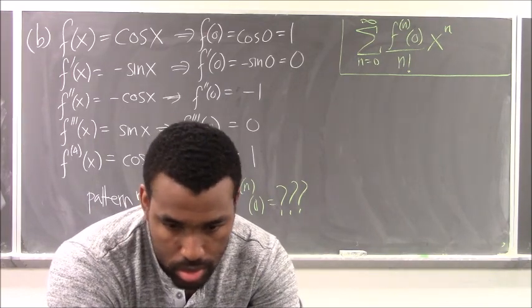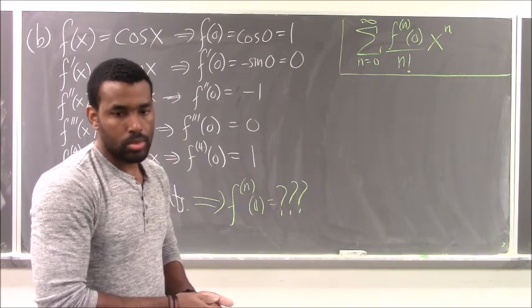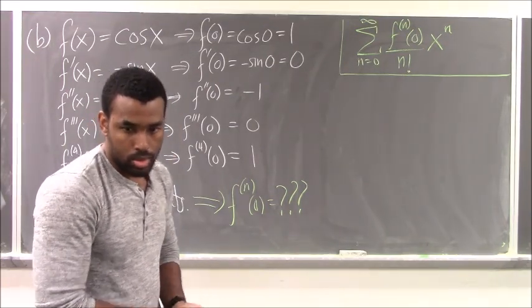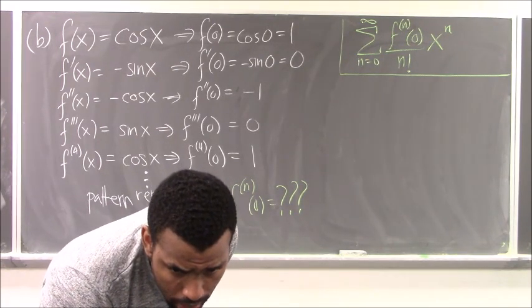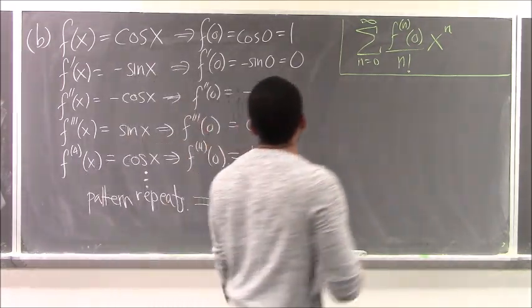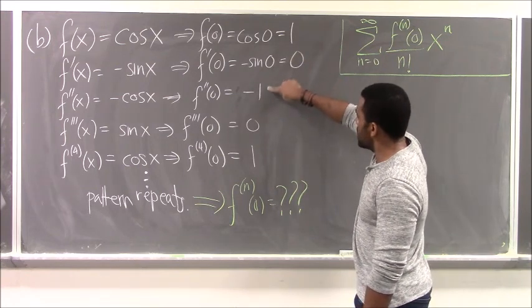Let's move this dialog box out of the way here. So you see a -1 to the n. But that doesn't happen everywhere. It happens here, here, here.